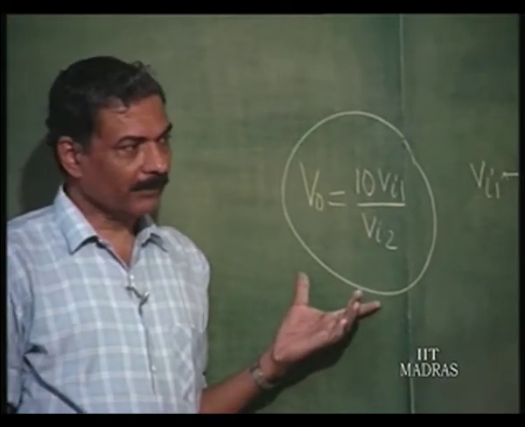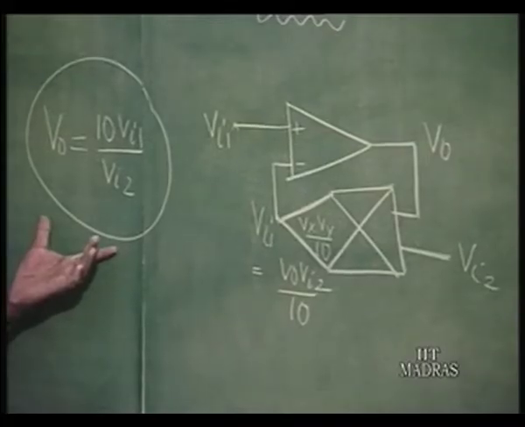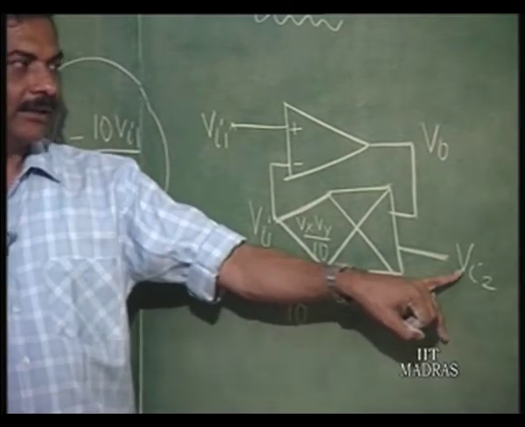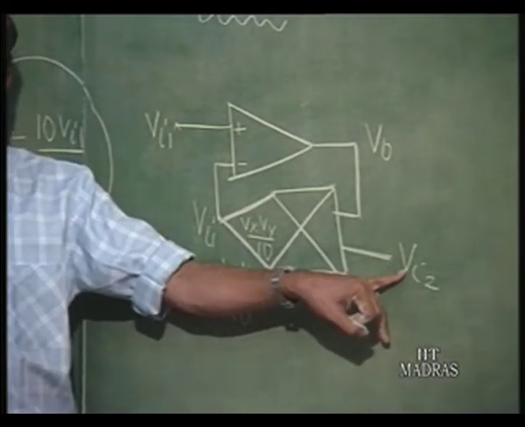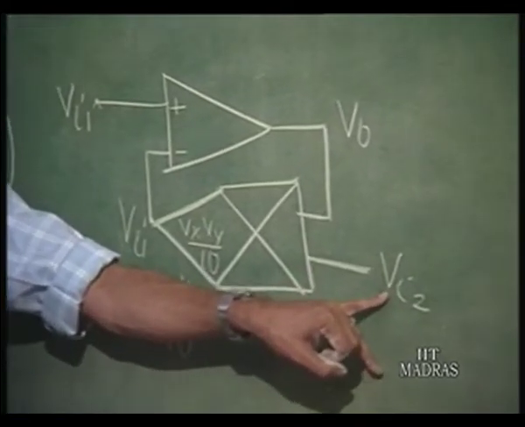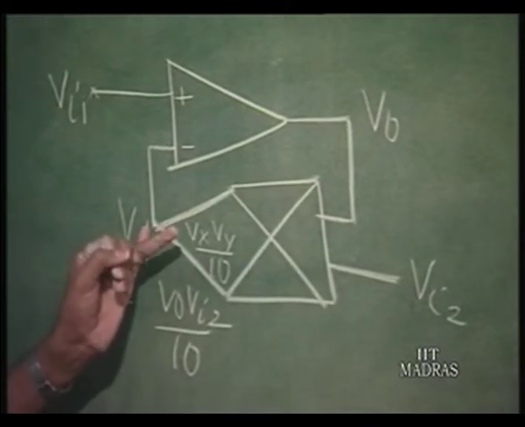Now, a word of caution, because this is going to be a divider only when V I 2 remains positive. If this control voltage is positive, the gain is positive, you remember.